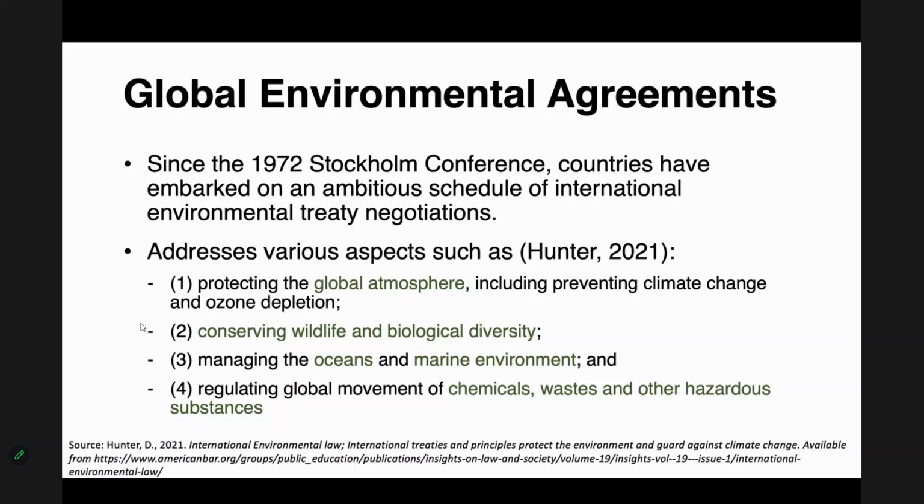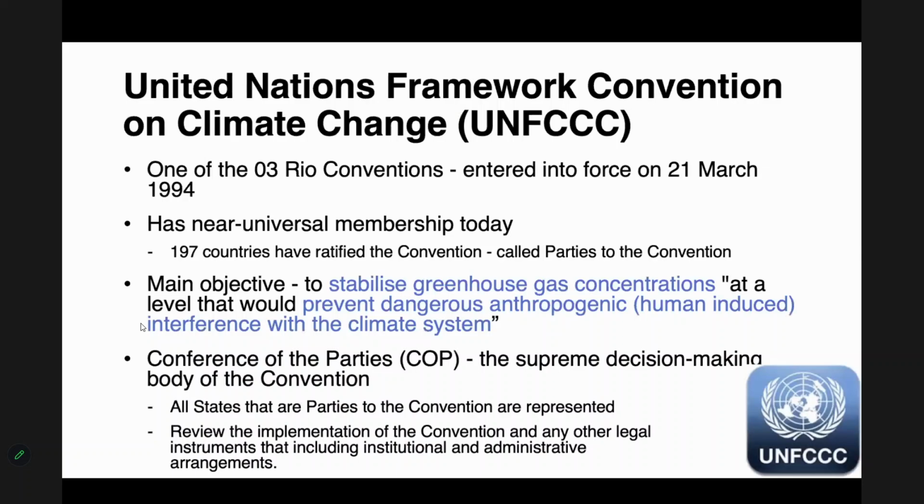Some examples: we have the UN Framework Convention on Climate Change. The main objective here is to stabilize or reduce greenhouse gas concentrations in the atmosphere, to prevent dangerous interference with our climate system.